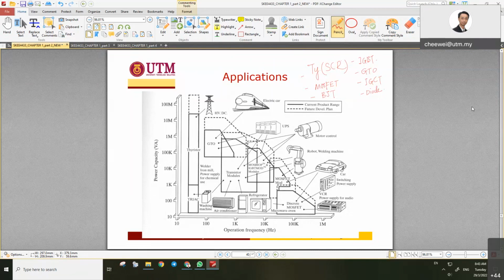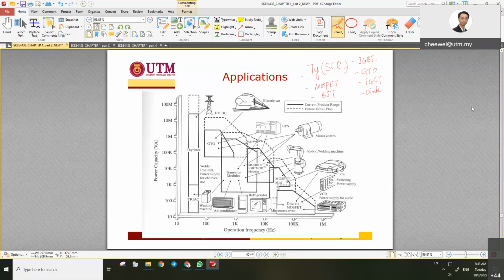Any more answers? Sorry? MOSFET. Any more?